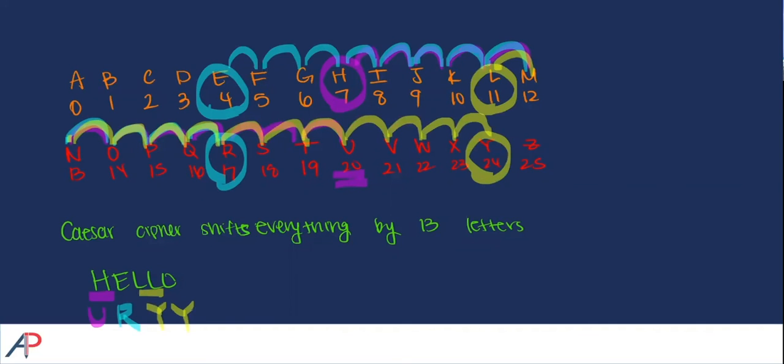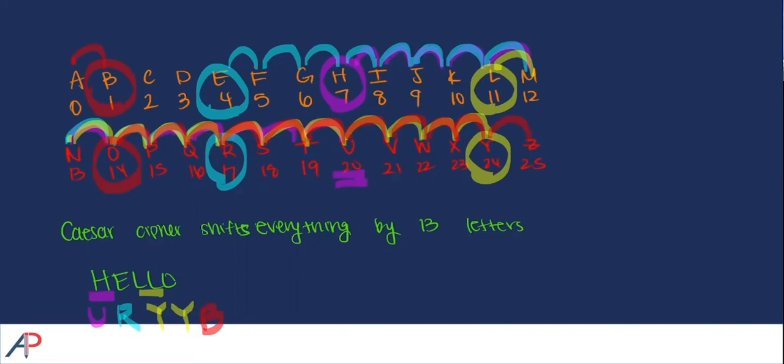So it's Y, because we have two L's. And then we have O. We just shift it by 13. 1, 2, 3, 4, 5, 6, 7, 8, 9, 10, 11, 12, 13. So this is B. So hello using the Caesar cipher is URYYB.